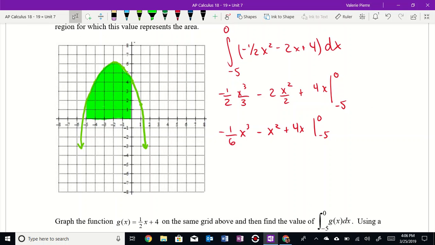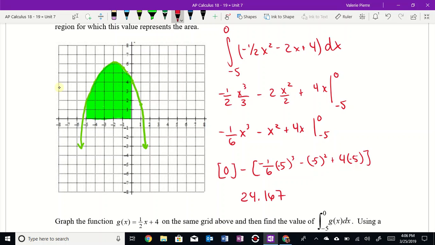And now using the fundamental theorem, when we plug in 0, we get 0, minus, when we plug in negative 5, we get negative 1/6 times negative 5 cubed minus negative 5 squared plus 4 times negative 5. So we get 24.167, which is the area in green.